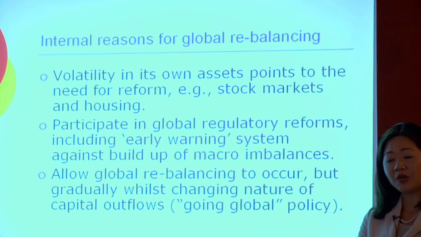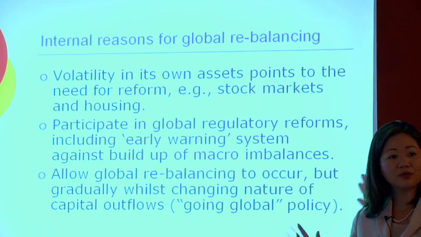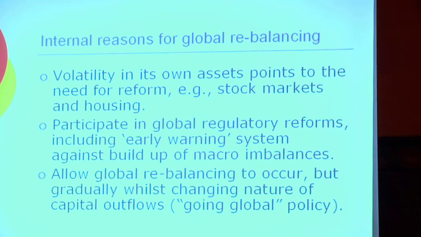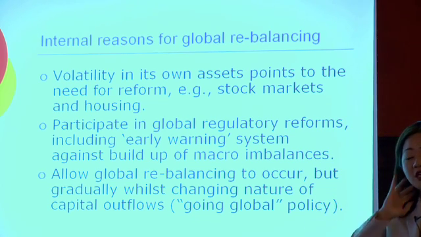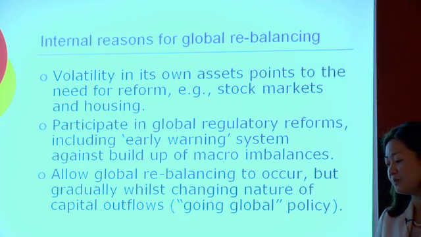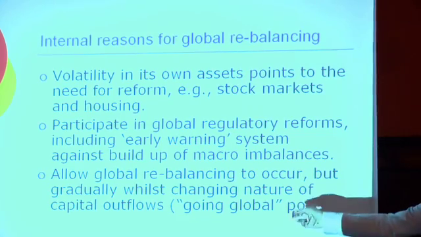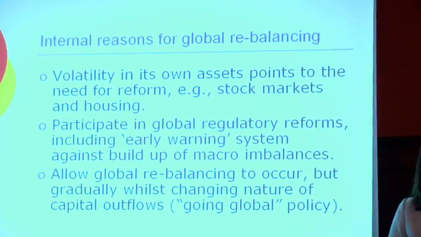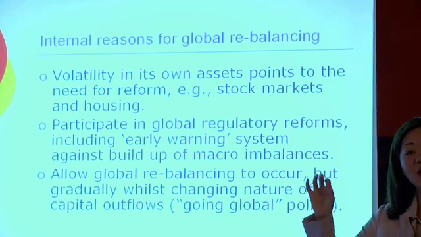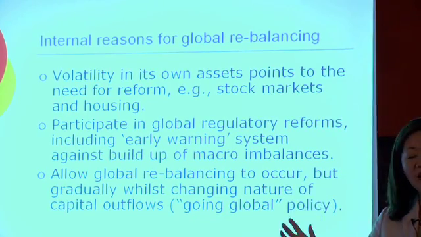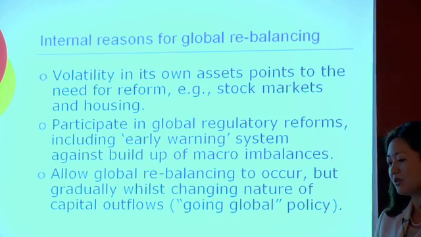So China's worried about asset bubbles, and this is indeed one of the reasons why you ought to have a much more balanced global economy, so you don't have these asset bubbles accumulating due to global capital flows. And this, I think, is the reason why China has agreed in the G20 to participate in this new forum run by the G20 to have an early warning system about the buildup of macro imbalances.